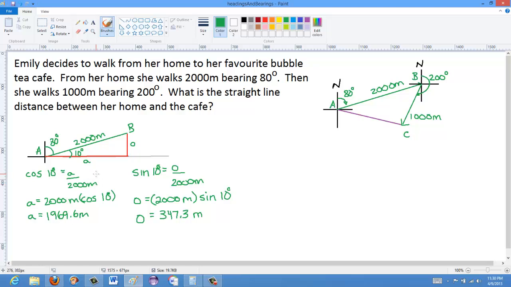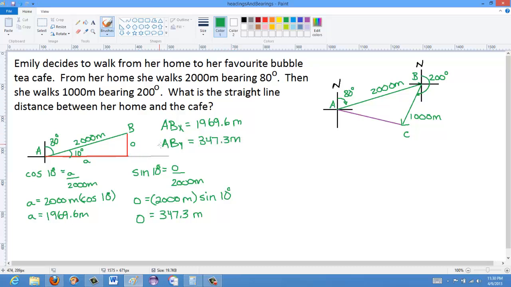So what I've done is I've broken this down, and I'm just going to summarize these because I'm going to run out of space for my calculations if I don't erase these other parts. So AB in the x direction, along the x-axis, is equal to 1,969.6 meters, and AB in the y direction is equal to 347.3 meters.